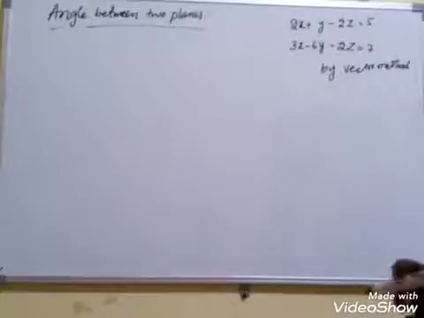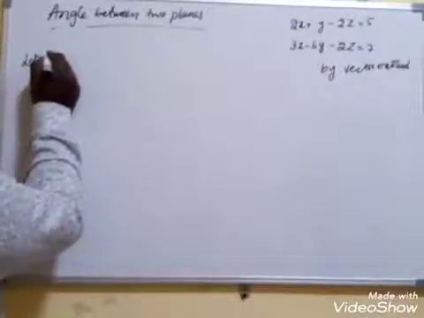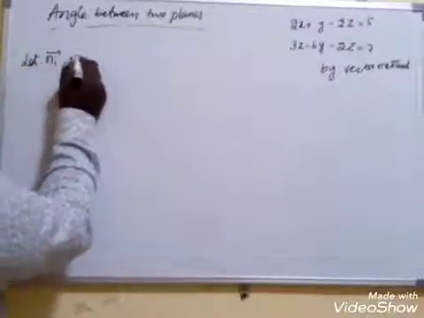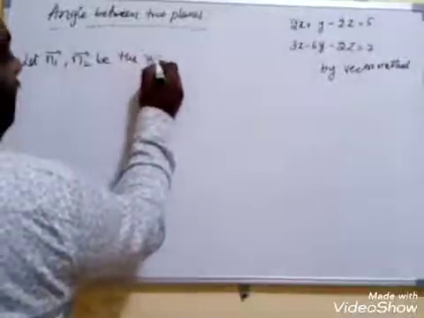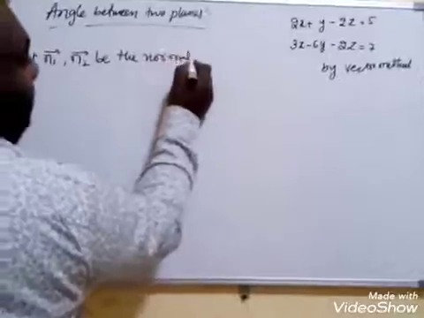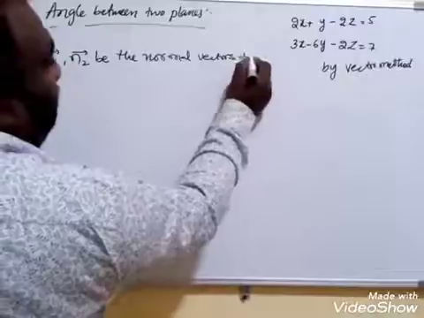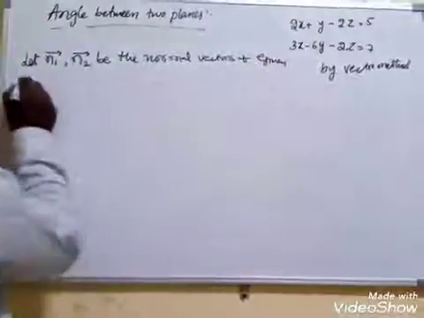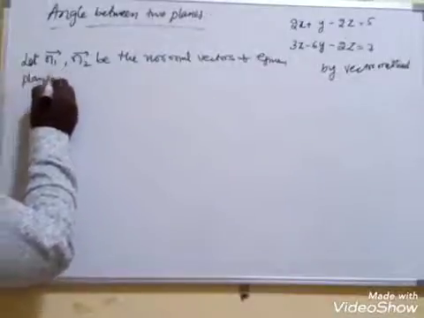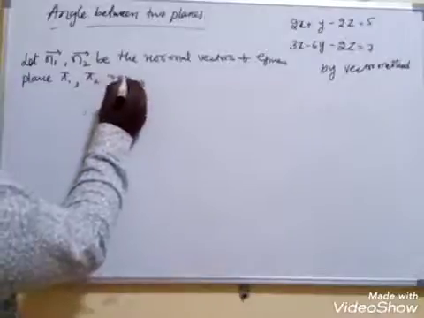That means the simple way here: let n1 bar, n2 bar be the normal vectors of the given planes pi 1, pi 2 respectively.